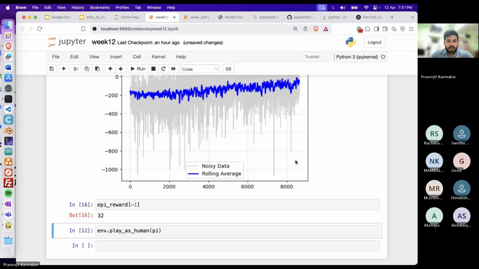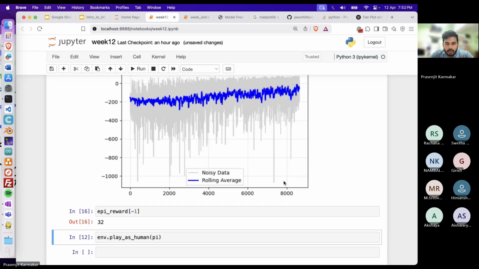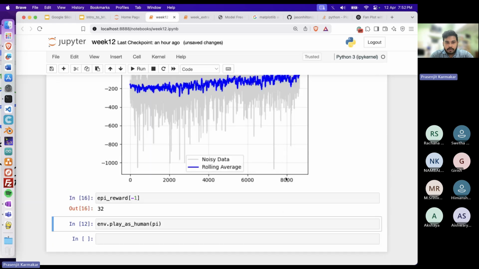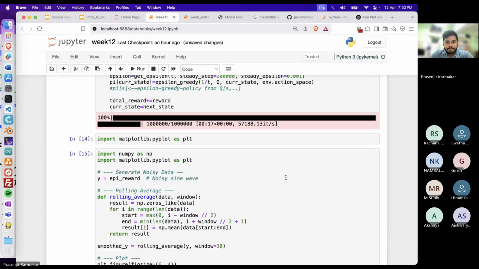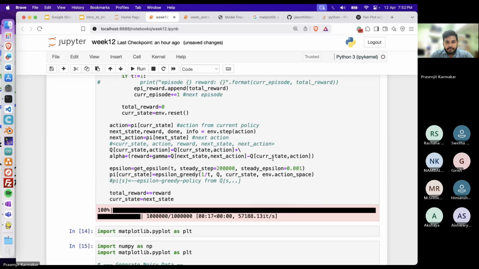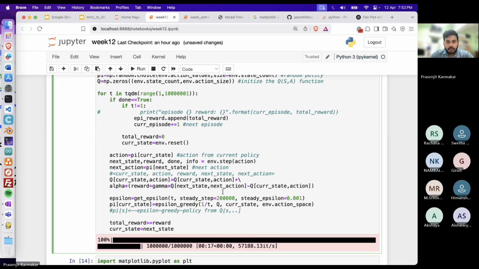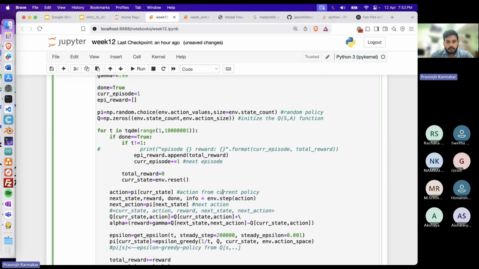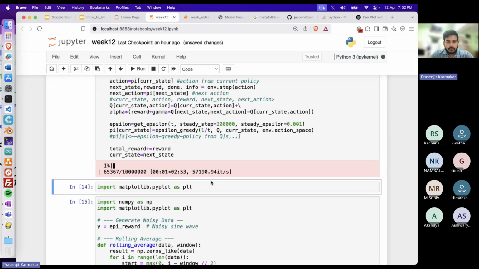Okay, 32. Why is it only this many episodes? We have to play more. So let's keep it to 1 crore, same number of steps. So 1 crore number of steps.